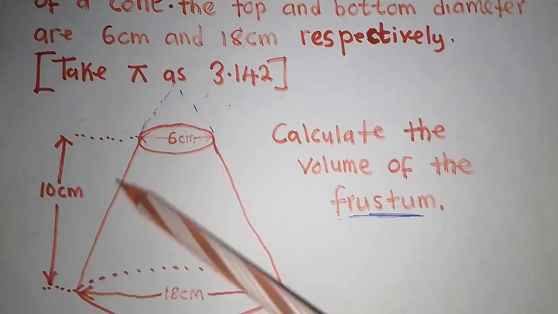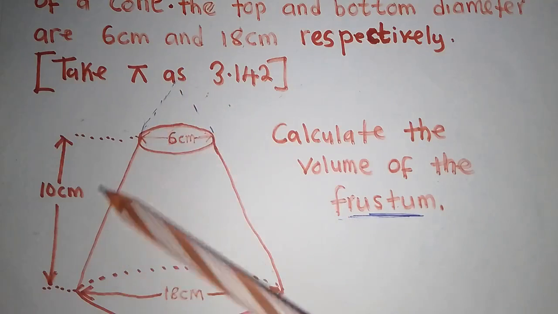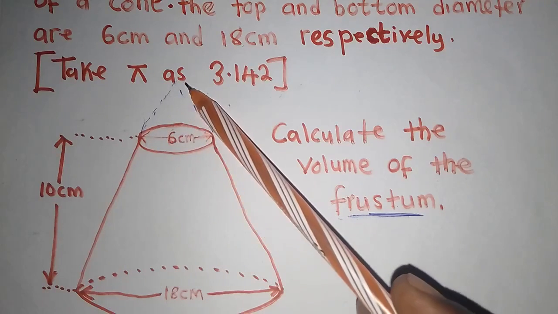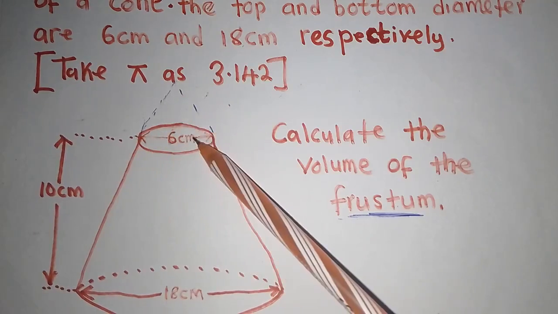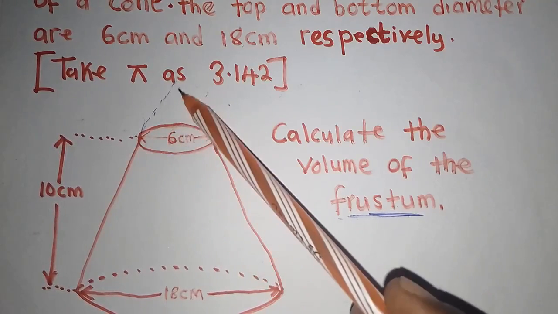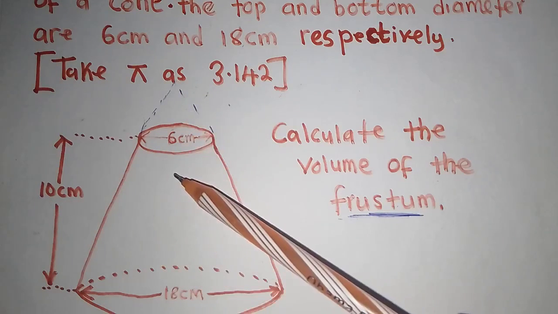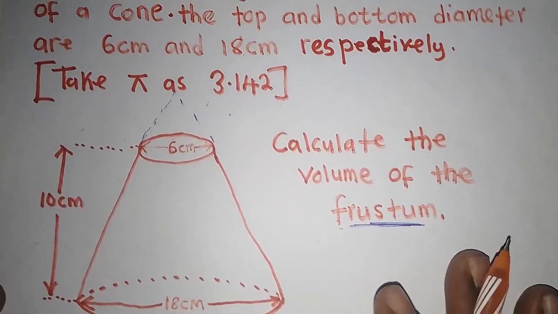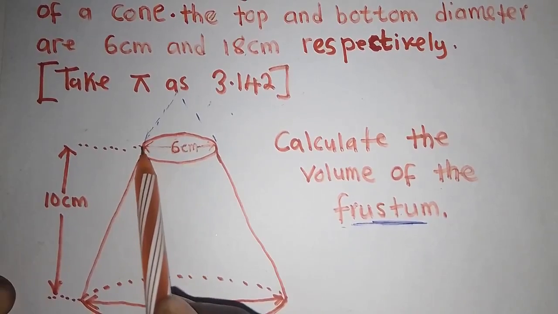So now there is a full cone here. Then there is a cone on top here, a small cone. So here I've got two cones. What I need to do is find the height, from here to there.